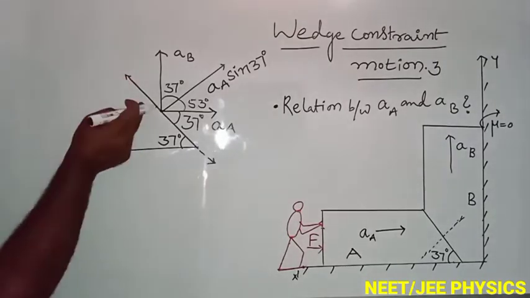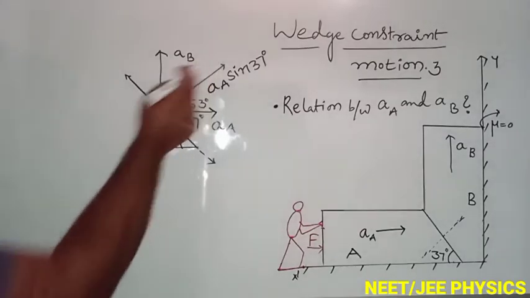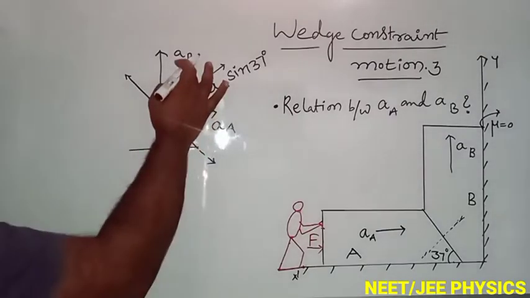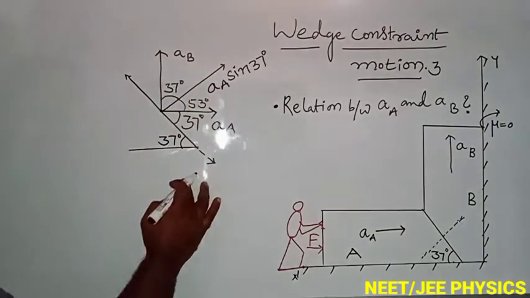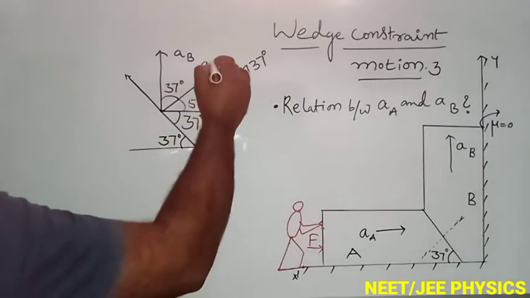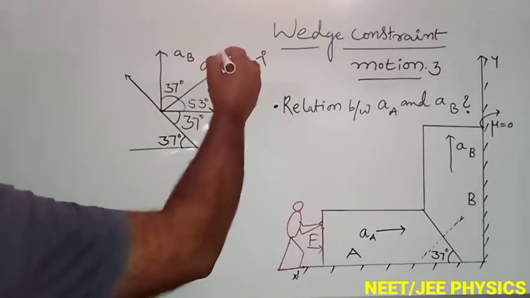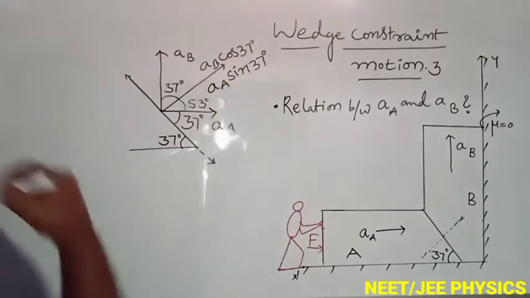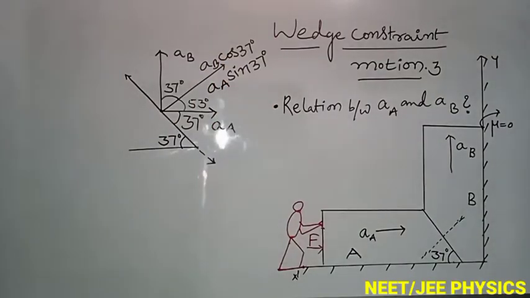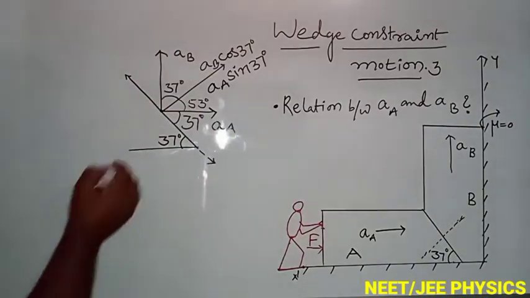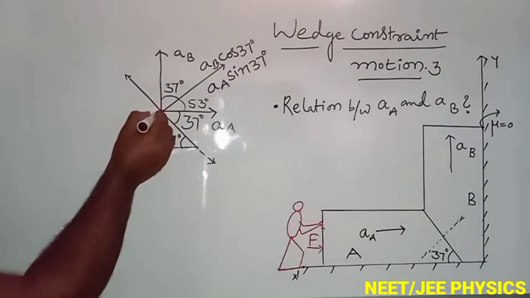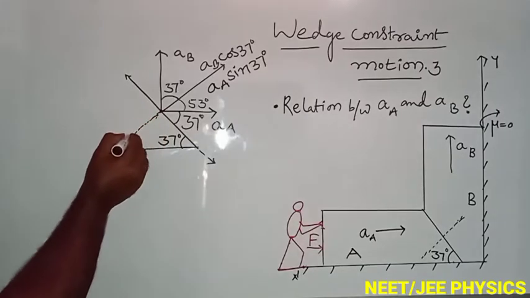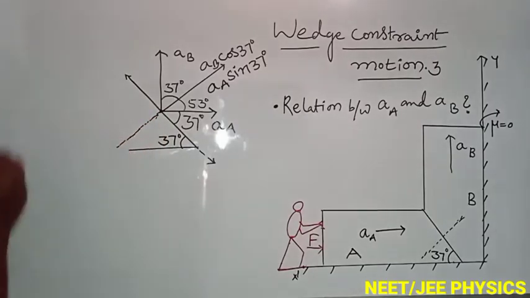Now AB you can resolve into two components. One is the vertical component, this is the horizontal component. What is the AB horizontal component? The horizontal component is AB cos 37. We said the resultant of these two accelerations is along this direction.